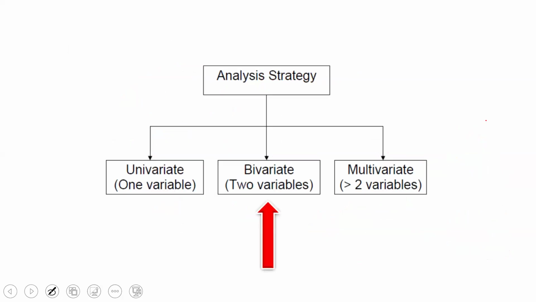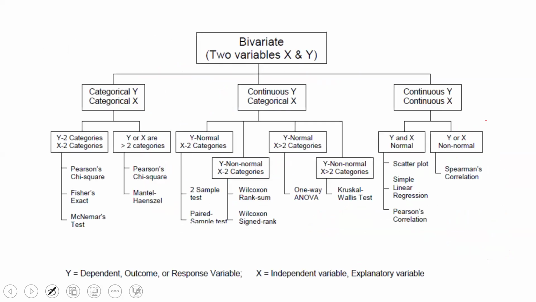So back to the bivariate analysis. We have another table here, and I want you to recall what I said about the type of variables. Remember that normally we have X relating to Y. Our Y is the dependent variable. Our X is the independent variable. You can see it here, dependent variable or outcome variable or response variable.